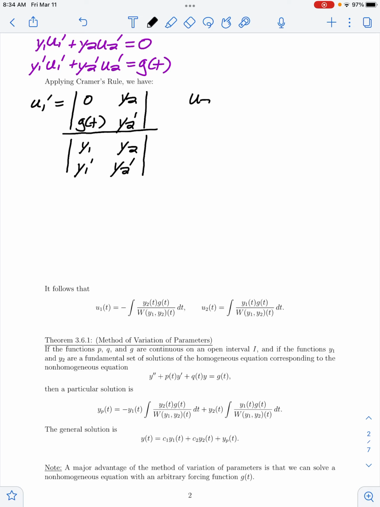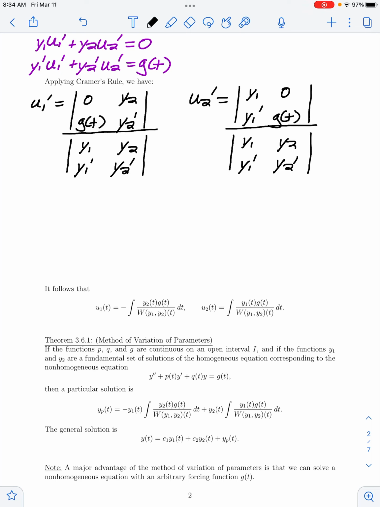And similarly for u2 prime, we would take the determinant of the 2 by 2 matrix where the coefficients for u1 remain the same, and the coefficients for u2 prime are replaced with the functions on the right-hand side of my system, 0 and g of t. And we divide by the determinant of the 2 by 2 matrix where we have the coefficients for our system.